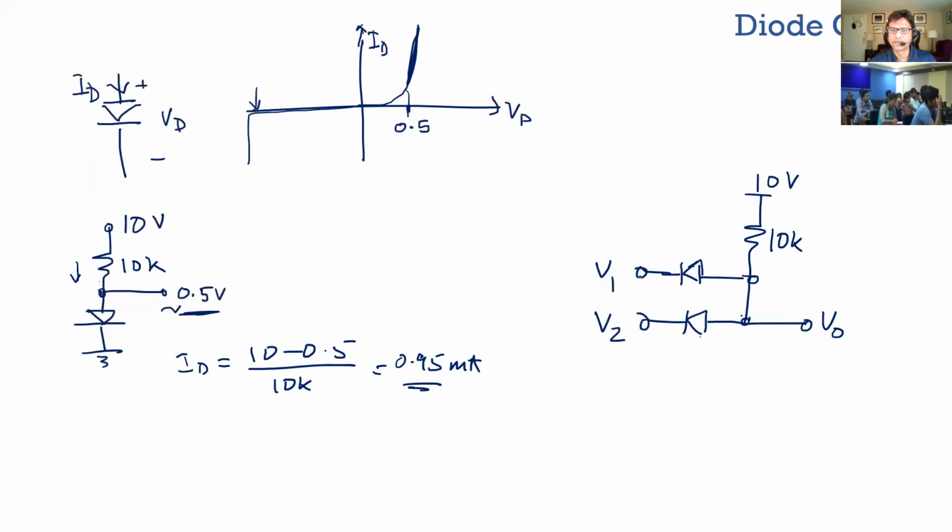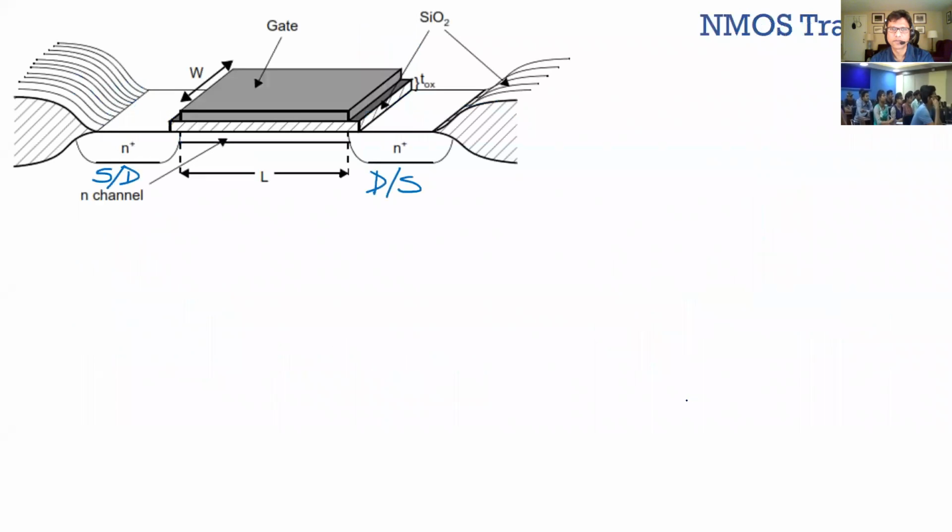As you can see here, if V1 goes to 10 volts and V2 goes to 10 volts, then these two are off, and so V out will just get pulled to 10 volts. If any one of them is grounded, then this voltage will become 0.5 volts. It looks like an OR gate basically, a 0 gives you 0. Yeah, it looks like an OR gate. So different combinations of this can give you different gates. So just know them in principle, how they function. So that's all I wanted to cover.